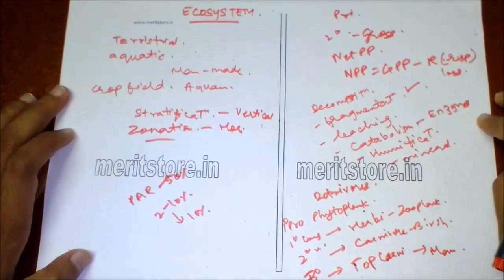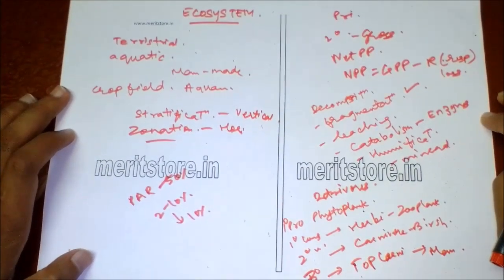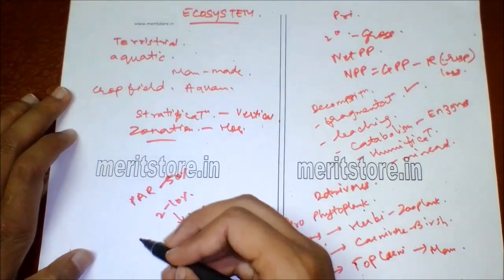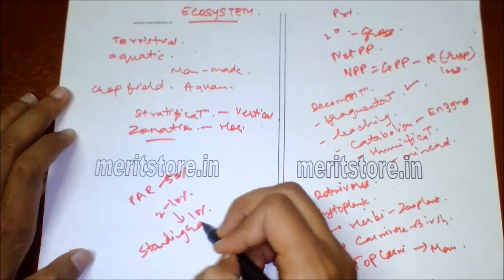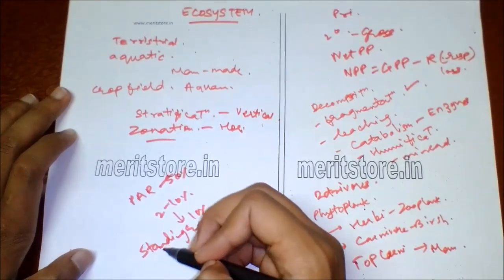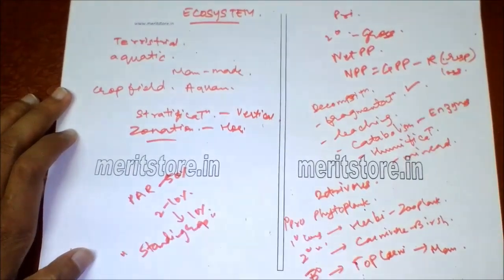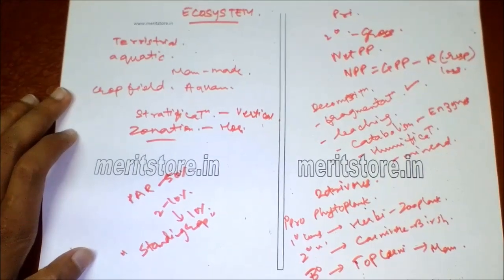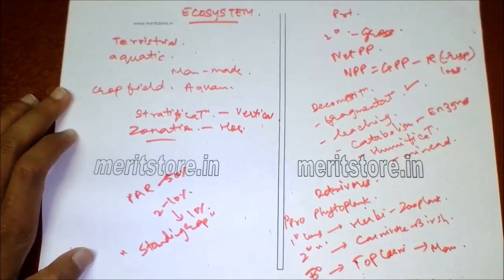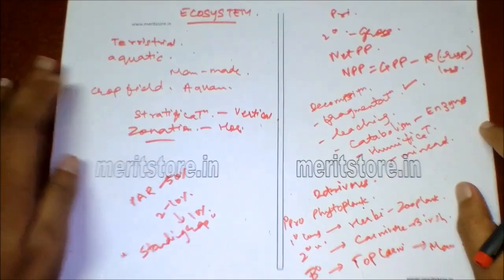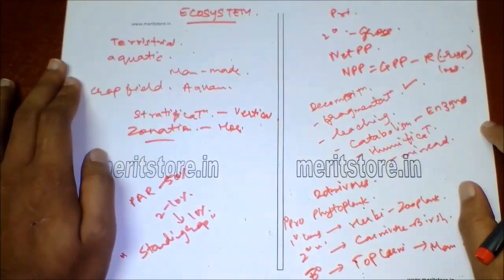Each trophic level has a certain mass of living material at a particular time, which is called standing crop. The standing crop is measured in mass of living organisms or the number per unit area. There are ecological pyramids: pyramid of energy, number, and biomass.